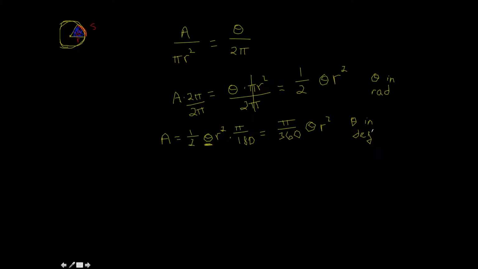So let's look at an example. Our example says that in a circle that has radius 3 meters, find the area to 3 sig figs, 3 significant digits, of a sector.